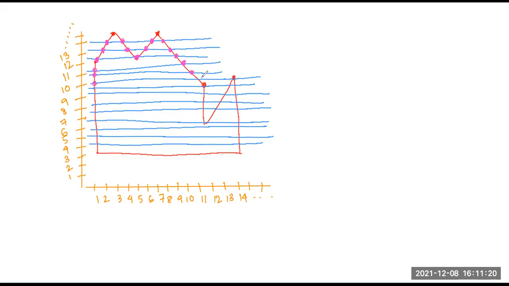So like this, we will find the intersection points of the lines with the edges I have. Now, after I do that, suppose this is the numbering I gave, can anyone say what is the value of this point?